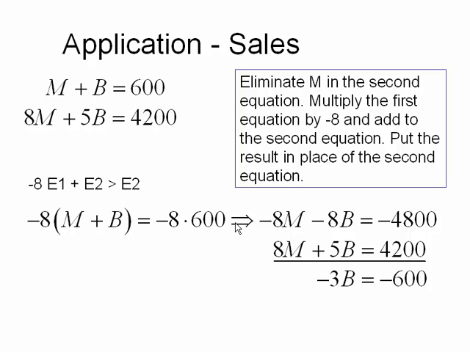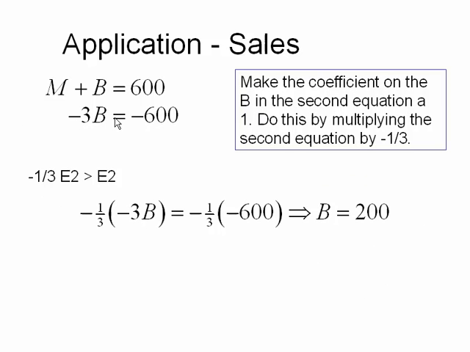So -8 times equation 1 becomes -8M minus 8B equals -4,800. If we add that to the second equation, which is 8M plus 5B equals 4,200, we see that the M's drop out and we're left with -3B equals -600. So I put that in place of the second equation.